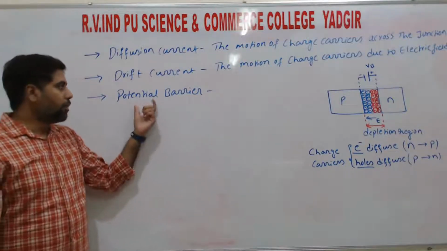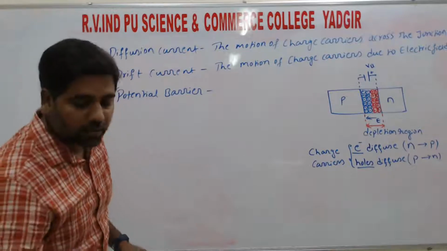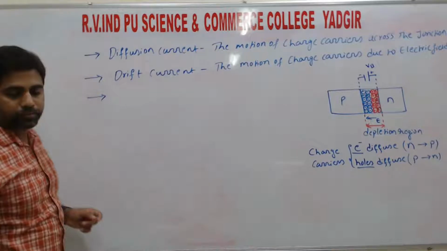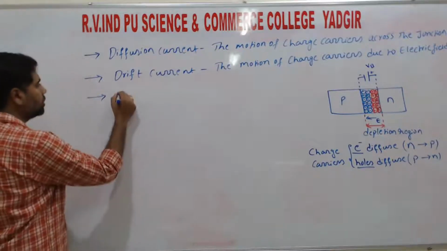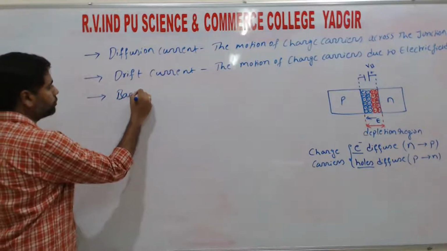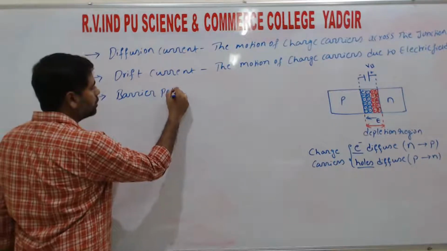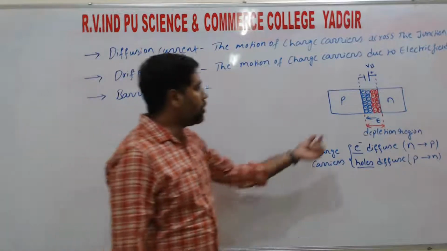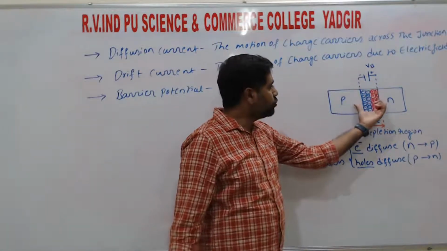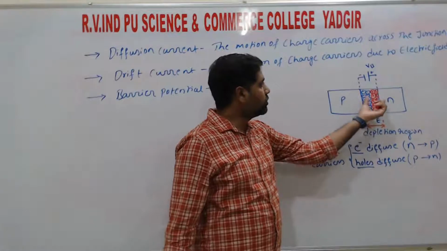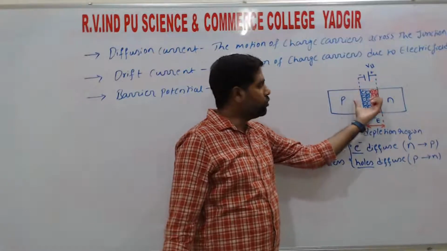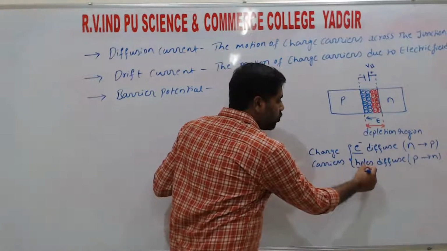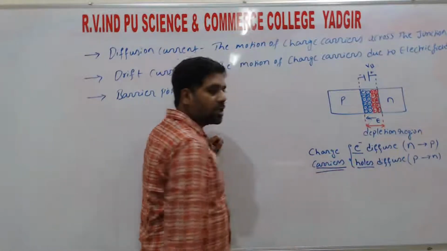So what is barrier potential or potential barrier? There is a development of potential due to the diffusion of the charges, that is, the electrons and holes, which we combinedly call charge carriers.